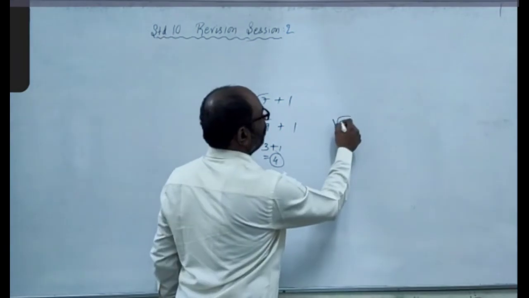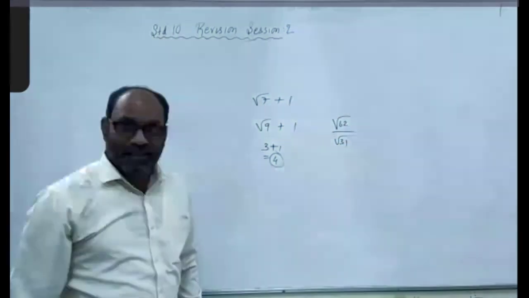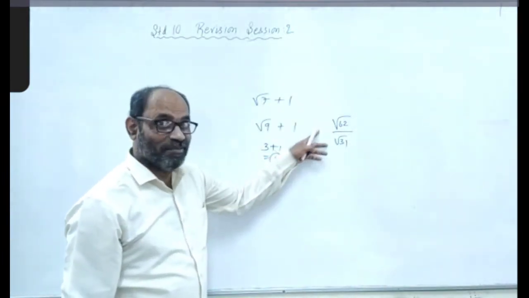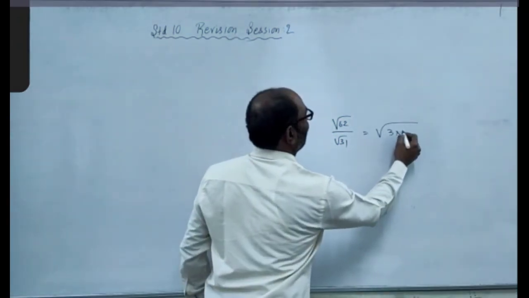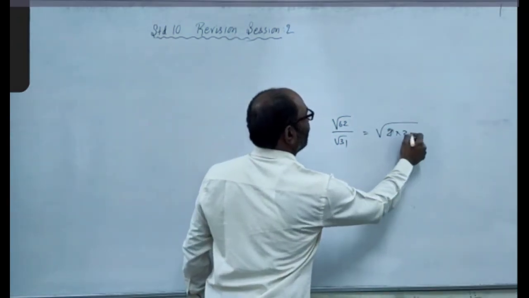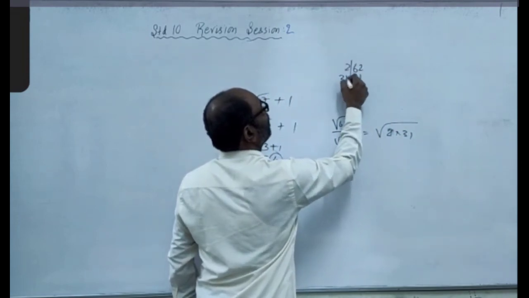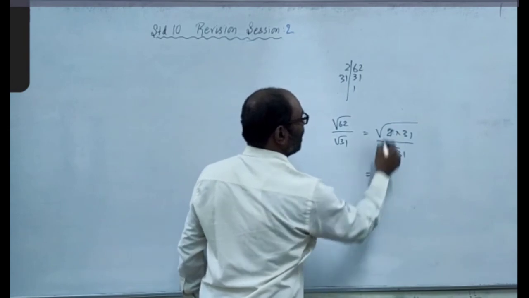Alright. Root 62 upon root 31. Is it rational or irrational? लगता है irrational, लेकिन simplify करो. 62 का prime factors 2 into 31, upon root 31. So you can write it separately.